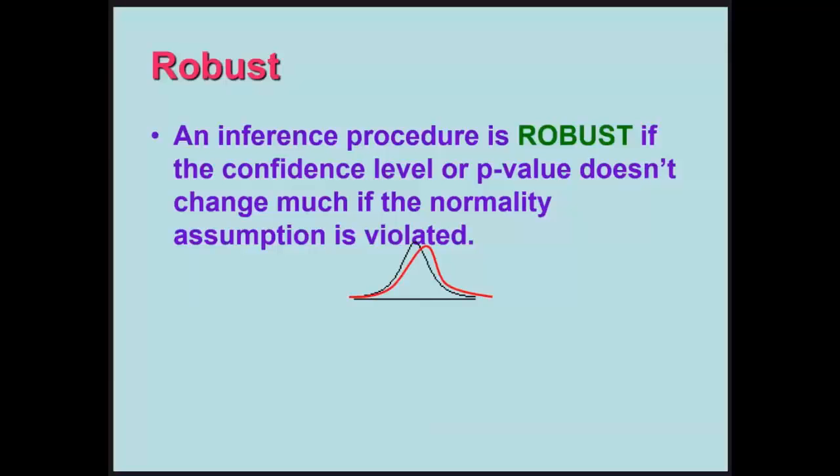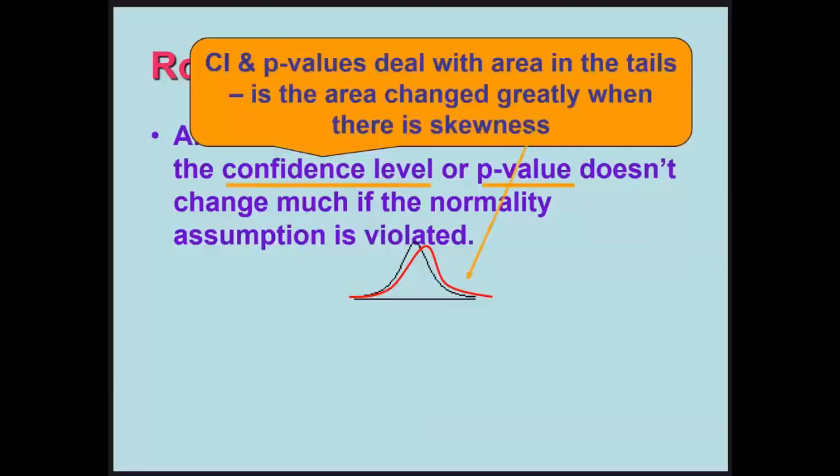So if we start with the normal curve but add some sort of skewness or strange violation of the data, the tails are really what we're looking at when we're talking about p-values here. The area of the tails is going to be about the same even if the center of the data is slightly skewed.